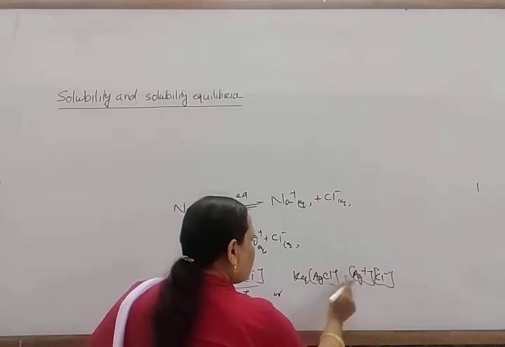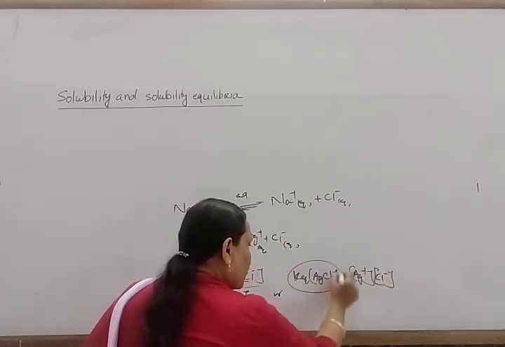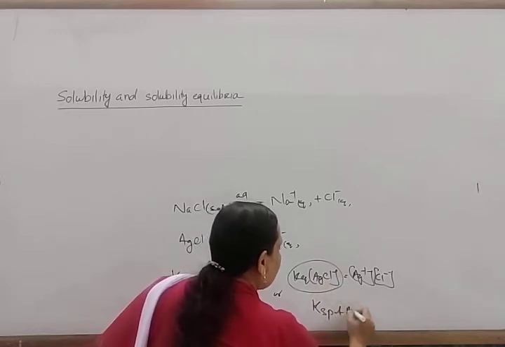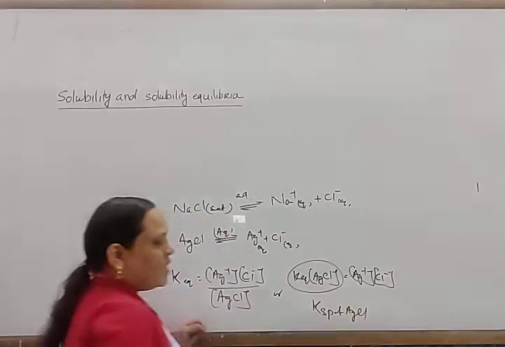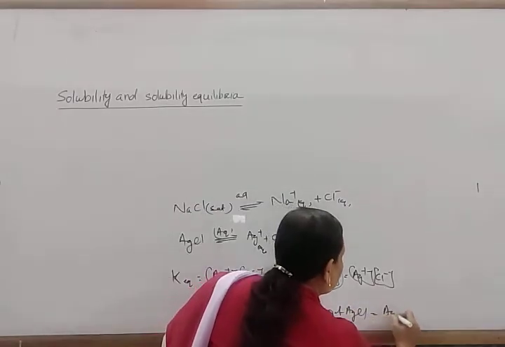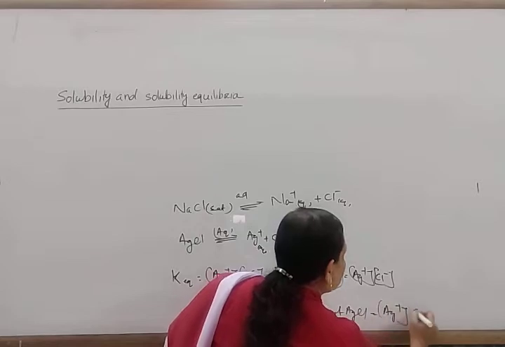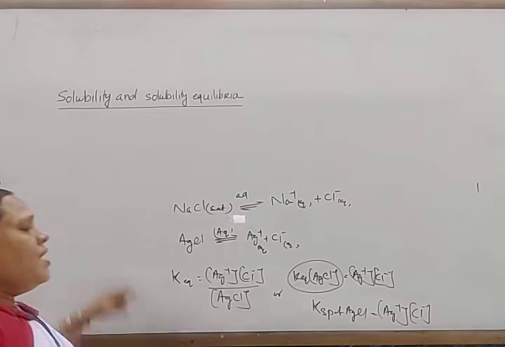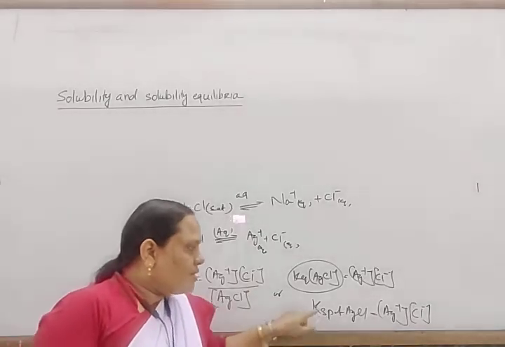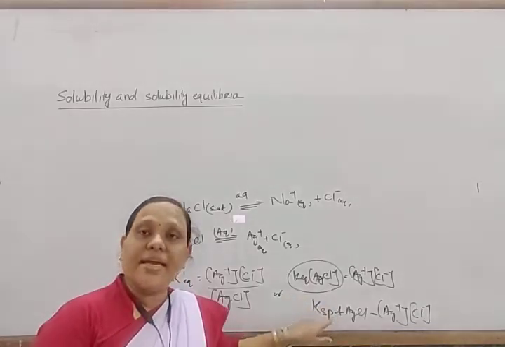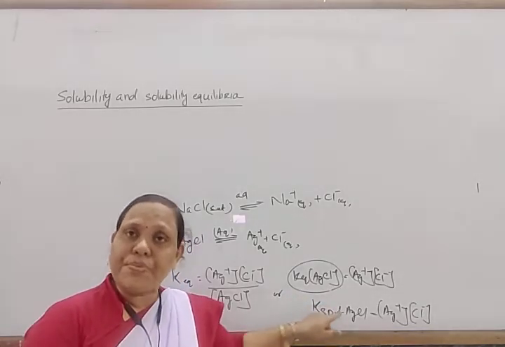This product gives rise to another constant, that is called the solubility product of AgCl, KSP. That is equal to Ag plus concentration into Cl minus concentration. Generally, this K equilibrium concentration is known as KSP. This is called solubility product.